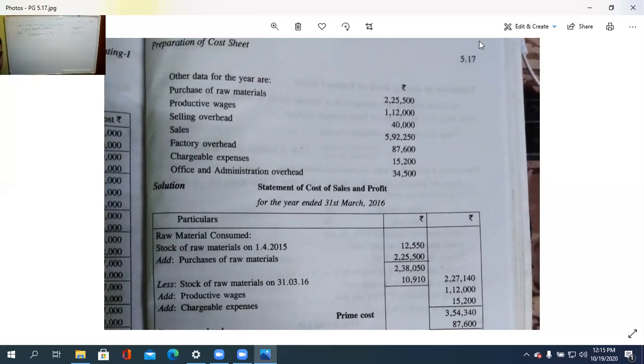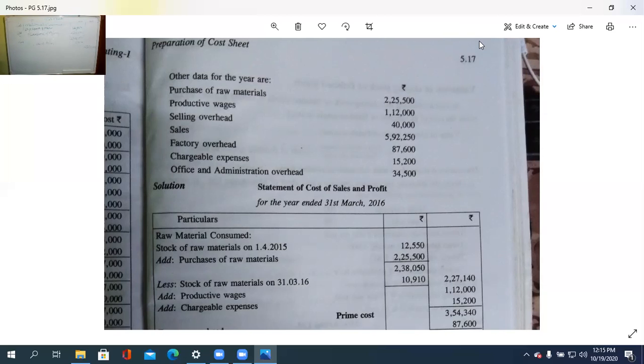We need to add this, so 238,050 less closing stock of raw material. How much is it? 10,910. That is in the question. So we are getting 227,140. This is the cost of materials consumed.